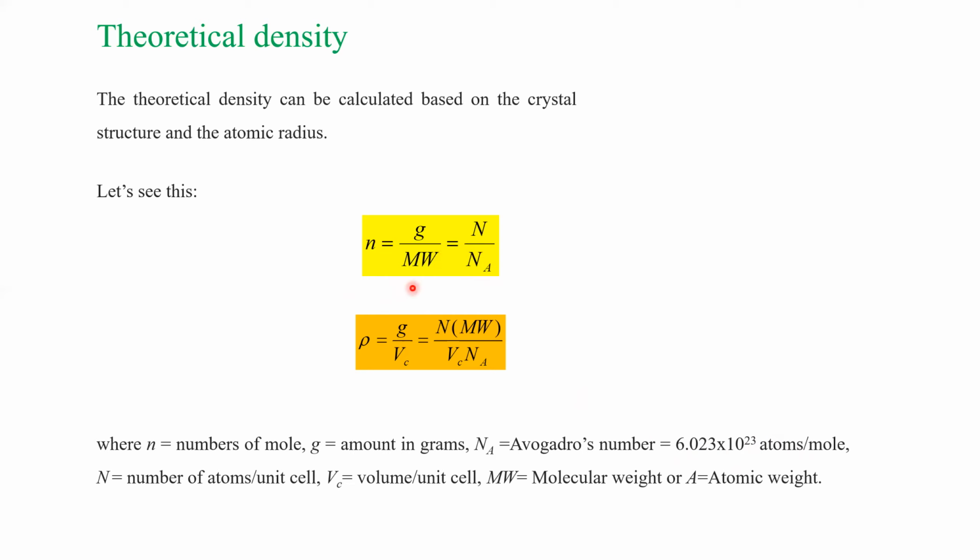Then from this equation, I can write grams as N over N_A multiplied by the molecular weight, MW. So this is the formula that we will use to calculate the theoretical density.